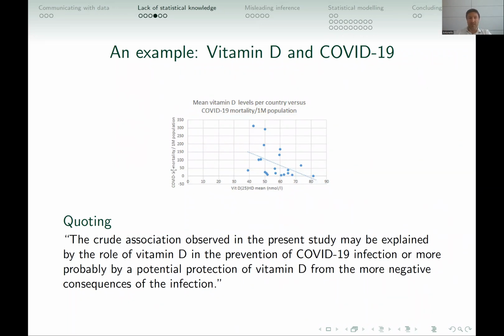If we read this sentence quoted from the paper, it seems instead that vitamin D is the reason why we have fewer cases, fewer deaths. So higher values of vitamin D levels may contribute to reduce the risks.